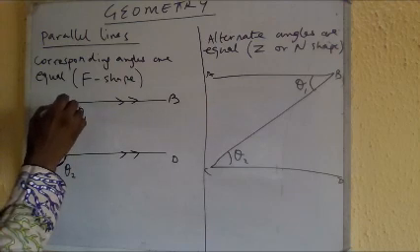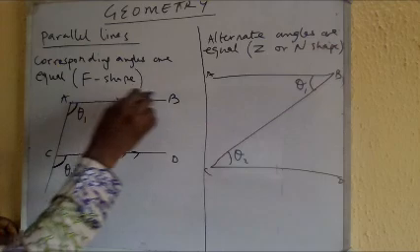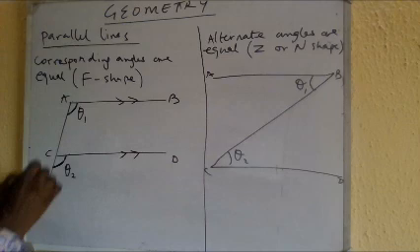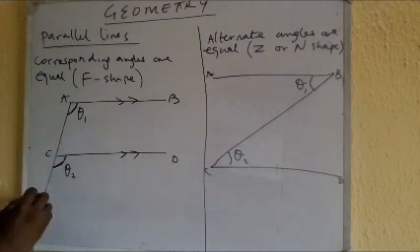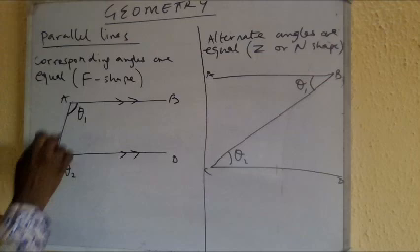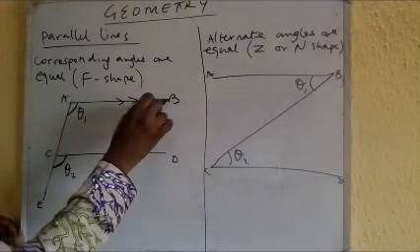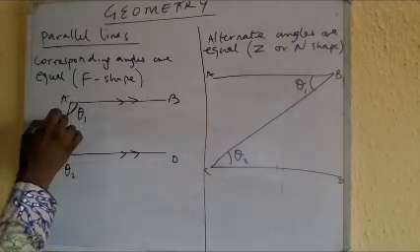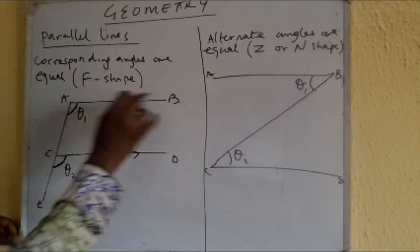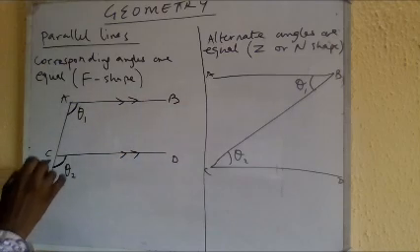So for this line AB, let me put a notation here. Let me call this one E. For line EAB, there is an angle here. There's another corresponding shape that looks like EAB in ECD.